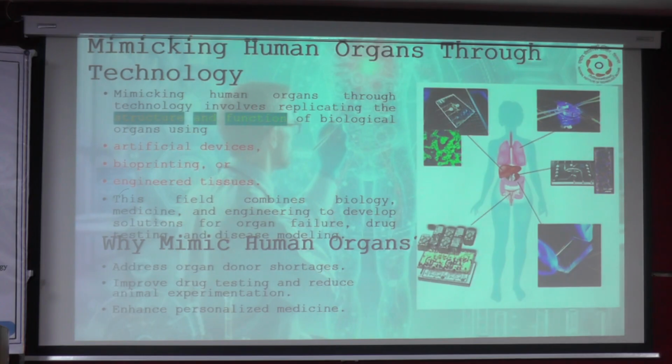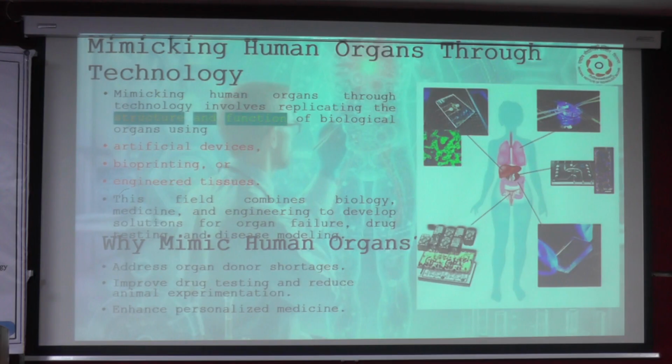How many people are ready to give their organs? You only see one or two news items in the newspaper. Not everybody, because awareness of the people is not like that everywhere. Some will say, okay, I can donate my organ after my death, but others say, I do not know what will happen after my death, but I am not ready to donate. That is the mindset of the people. So organ donors are very few, and there is a huge, acute shortage of organ donors.